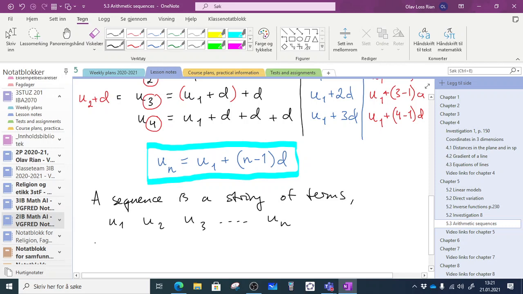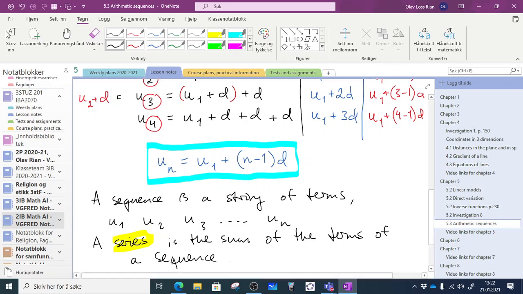We're now going to define a series. So a series is the sum of the terms of a sequence.